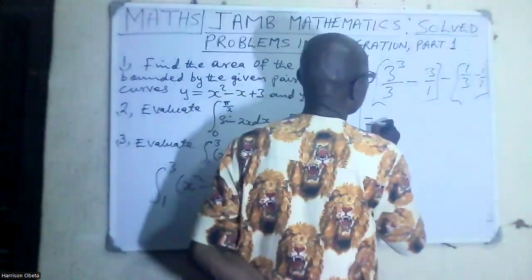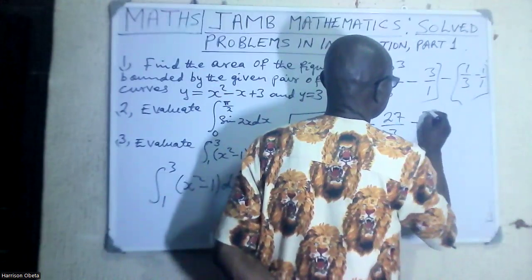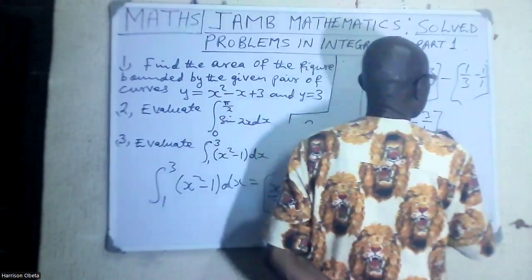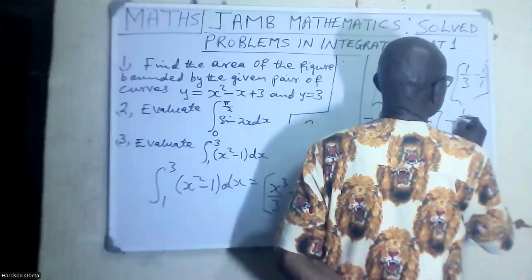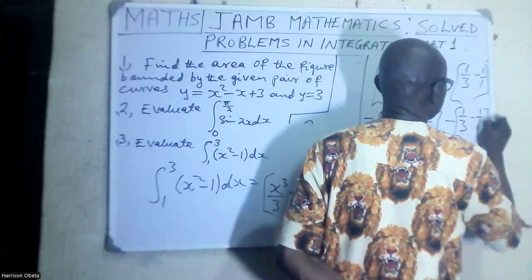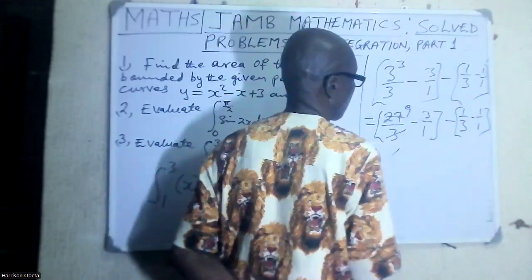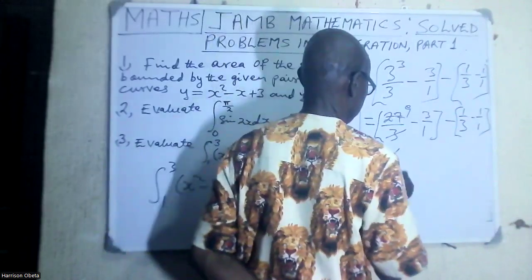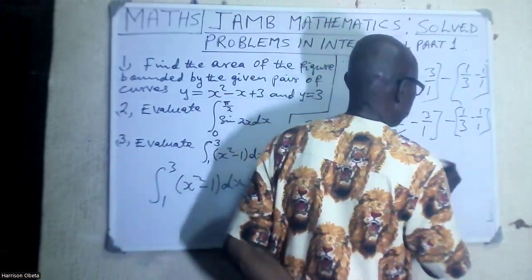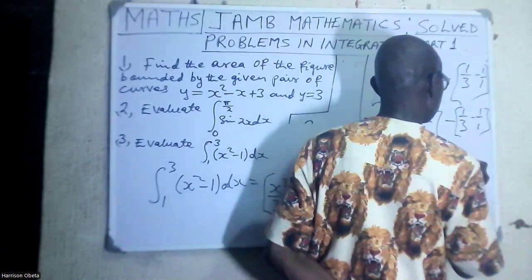So we have 27 over 3 minus 3 over 1. Then minus 1 over 3 minus 1 over 1. So this is 9. And that is 9 minus 3 minus bracket 1 over 3 minus 1 over 1.